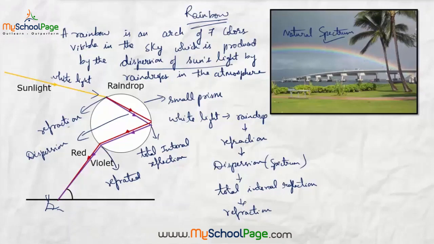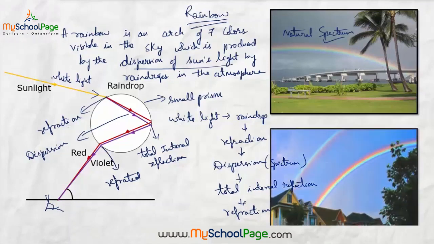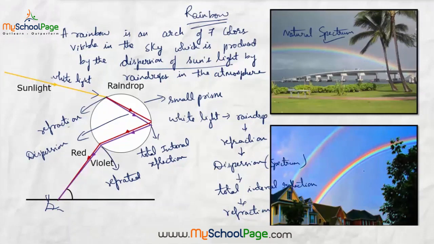In some rare cases, you would have seen two rainbows. So these are the two rainbows. This is called the primary and this is called the secondary rainbow. What generally happens is the total internal reflection inside the raindrop takes place twice for the secondary rainbow.